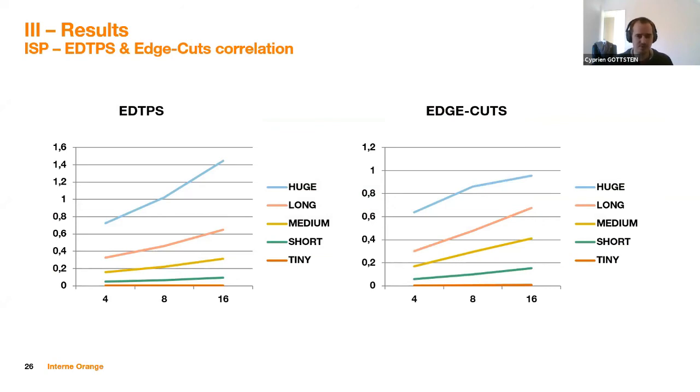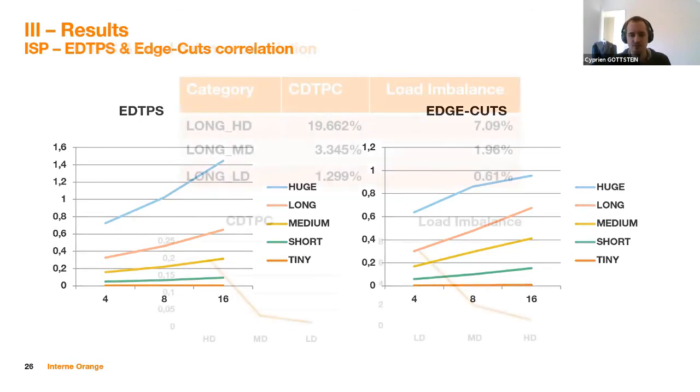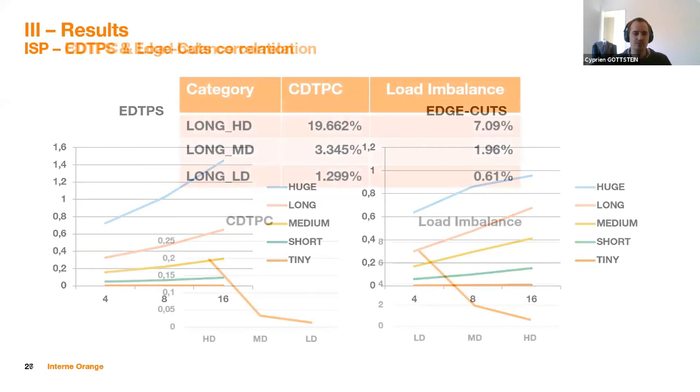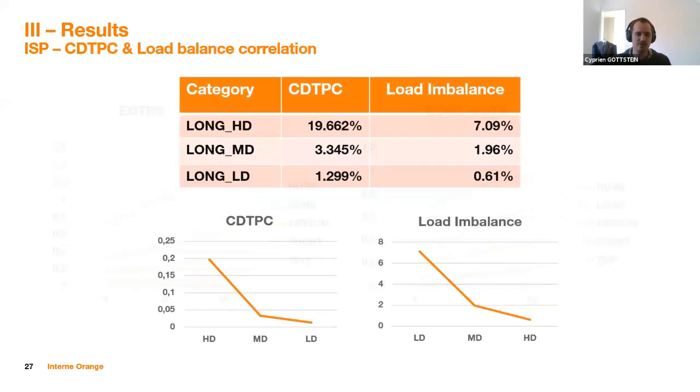It's mechanically not possible to go above 100%. It was a bit rougher for CDTPC, as again we identify a risk, and there may be a risk, but there may not be trouble whatsoever. But the good thing is that when the CDTPC is low enough, we could see that there is no load imbalance trouble induced. So CDTPC is considered accurate.